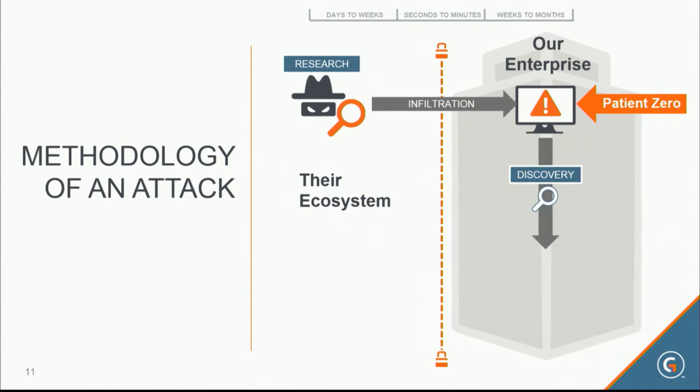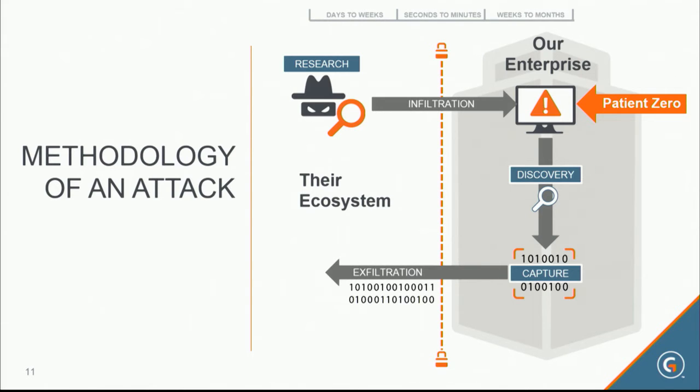This will be the time they're spending trying to move from one account to another in a bid to elevate their credentials, hopefully all the way up to a sysadmin. Then they're going to capture the information that they want, whatever it might be. Then they're going to take it out.